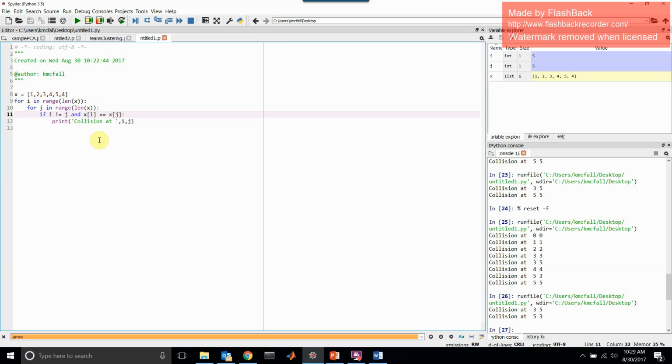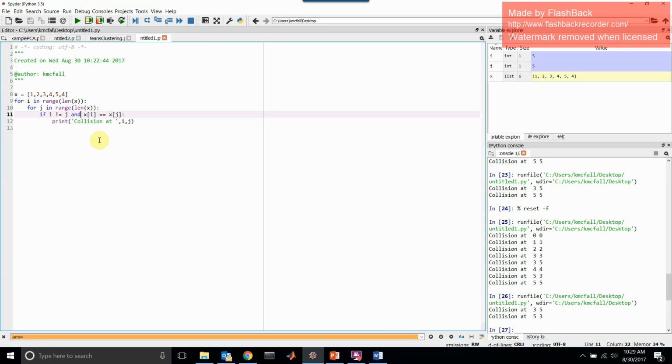You still get double collisions because you're checking both the lower diagonal and the upper diagonal of that matrix. That's not a problem, because if you have a collision, you have one, and if you don't, you won't have any, but it's a little inefficient.